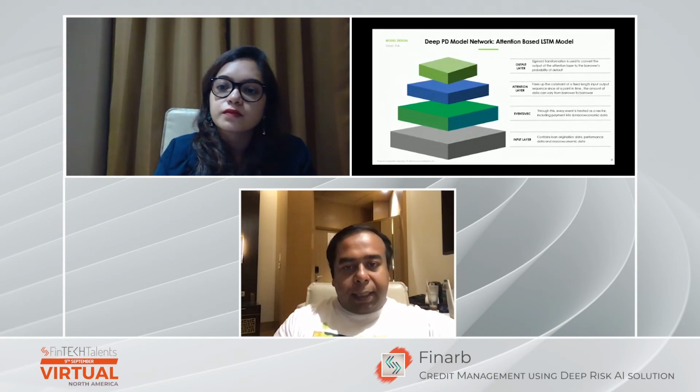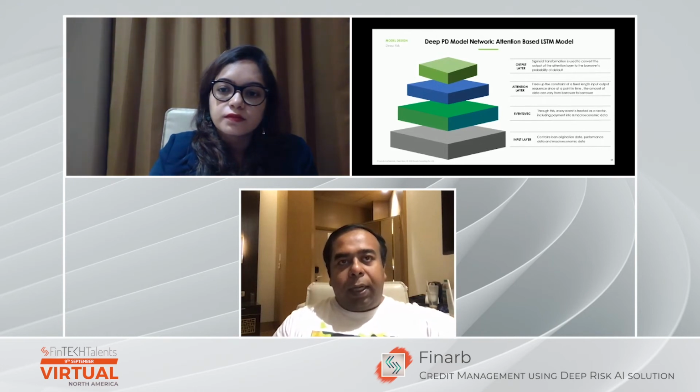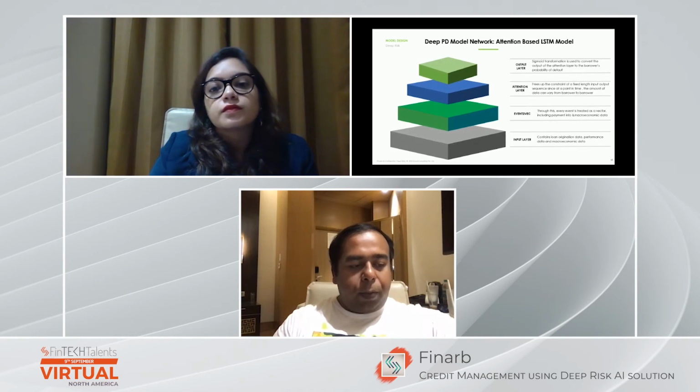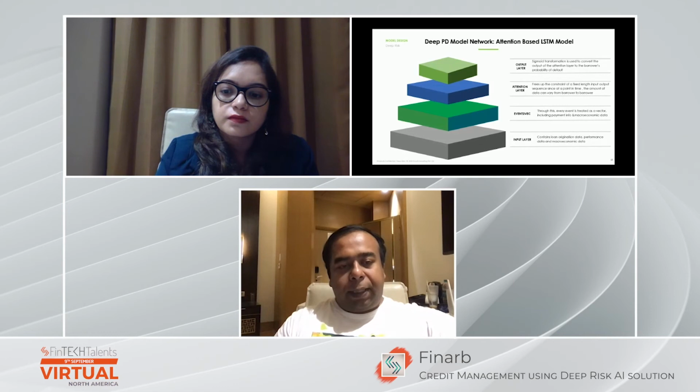Next, we have the attention layer. What the attention layer does, in short, is it removes the requirement of an encoder decoder; either you have an encoder decoder or you have the attention layer. What the encoder decoder does is the encoder encodes that flow information and models it, and the decoder decodes it into whatever output you want. But the problem with this is that the encoder decoder requires a fixed length, a fixed period.